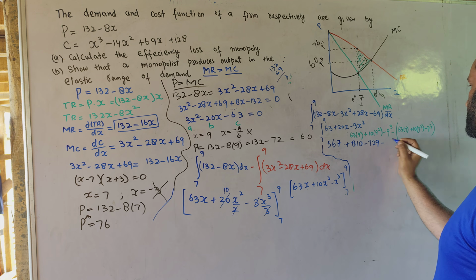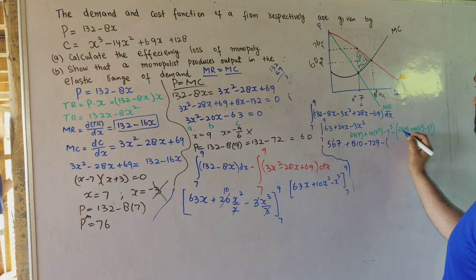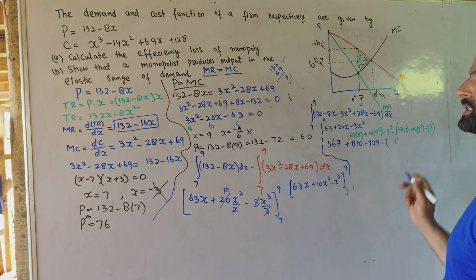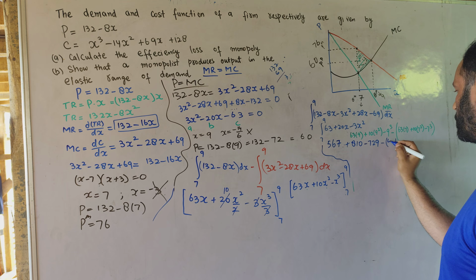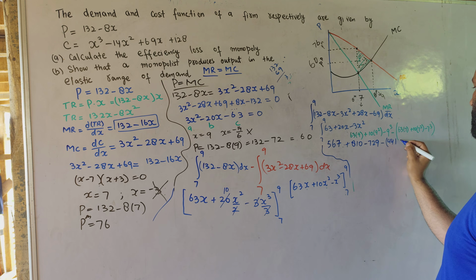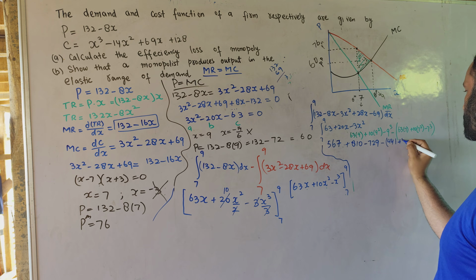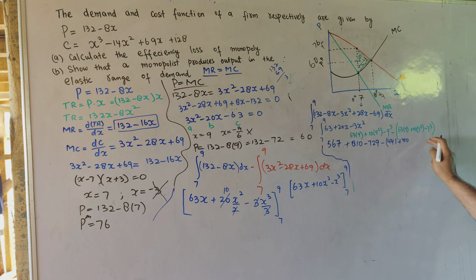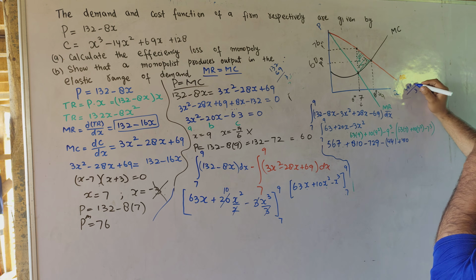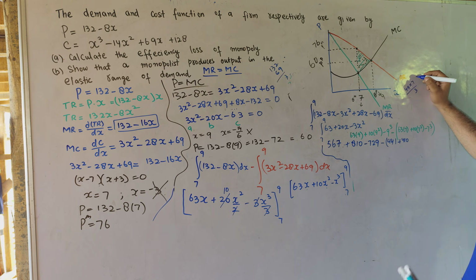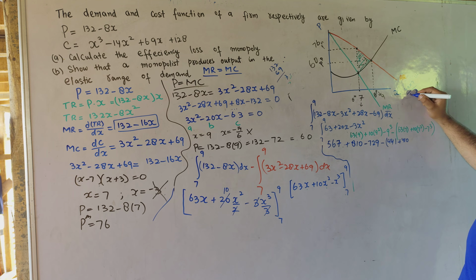Then we have minus. 7 3s are 21, 7 6s are 42, so 441. Plus 7 7s are 49, into 10 is 490. Then we have 7 into 7 into 7. 7 7s are 49, into 7 is 343.